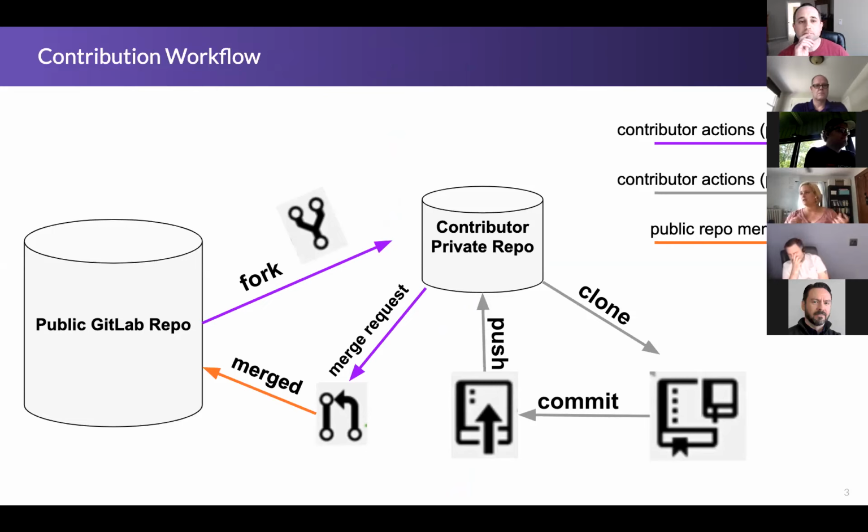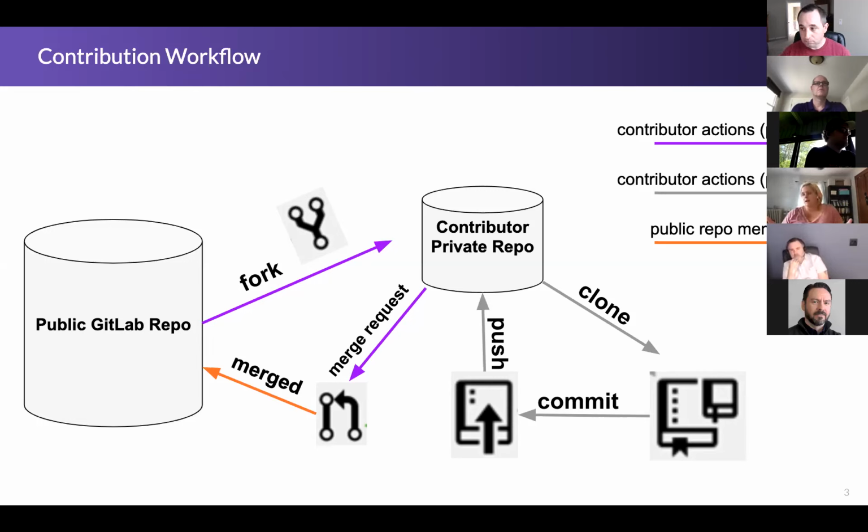So instead, I'm going to fork that repository so I get my own private repository with all the history to be able to make the changes that I want to make and fully test them prior to creating a merge request with my master branch of the fork as the source and the master branch of the original open source project as the destination, so that someone who is an active member of that project can validate my changes and decide whether or not to approve that merge request and merge them into the open source project.